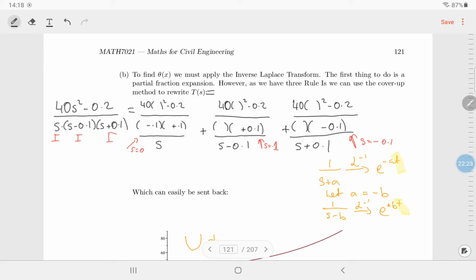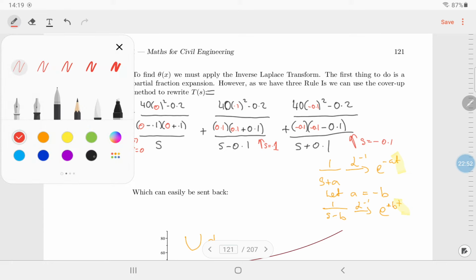So now you're going to throw in the appropriate values of s. So the first one is what makes the bottom 0? 0. Next one, what makes the bottom 0.1? And the last one, what makes the bottom 0 minus 0.1? And I think it's 20, 10, 10.